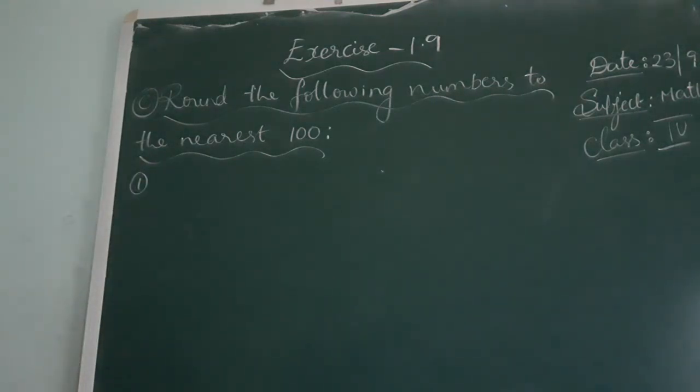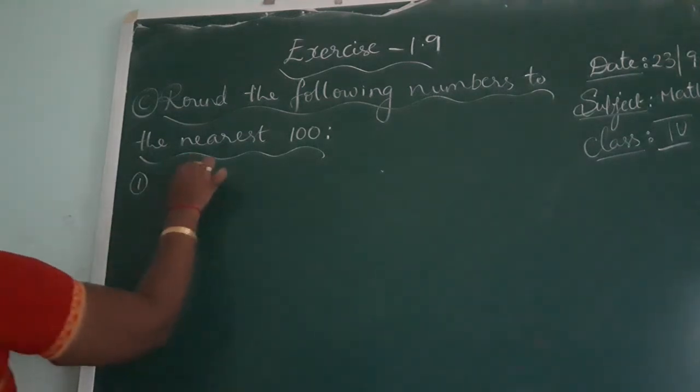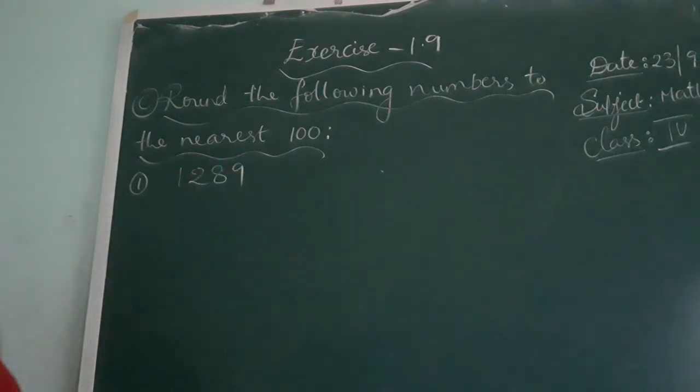See the first one, that is 1289. Children, observe. While finding the nearest 10, we choose the number which is at one's place. So now we are finding the nearest 100. You have to choose the number which is at 10's place.